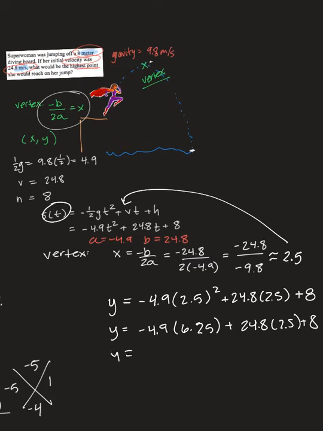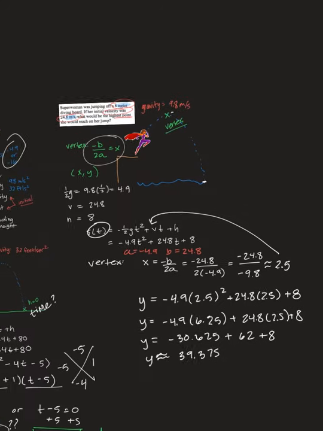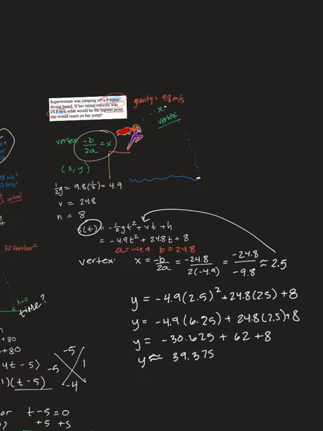That will give you negative 30.625. And then 24.8 times 2.5 is 62. We add 8. And then when we add everything together, we'll get about 39.375.